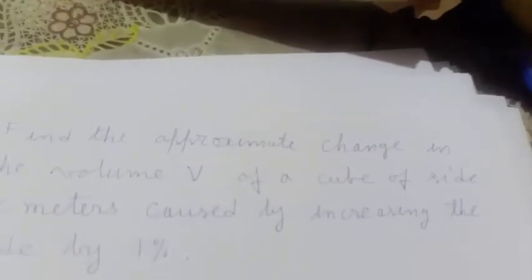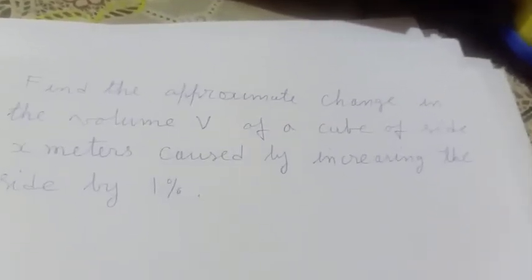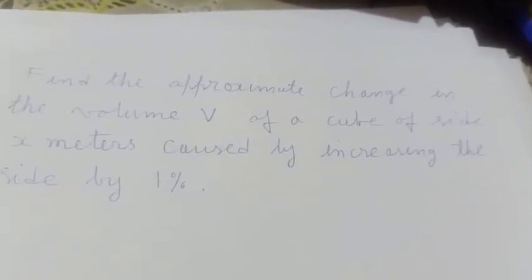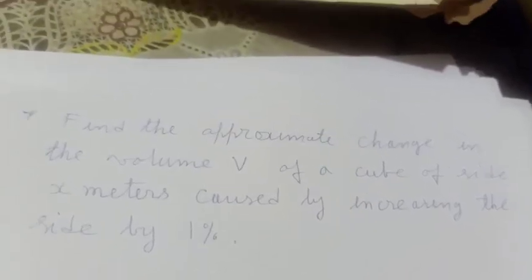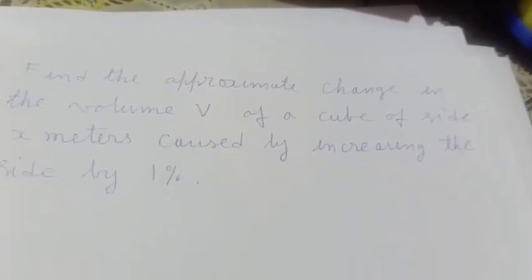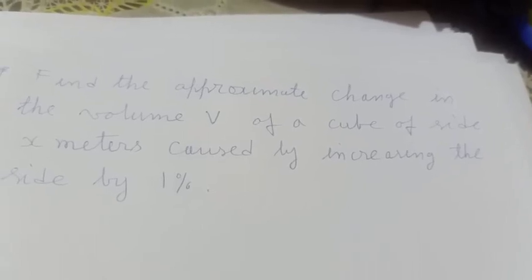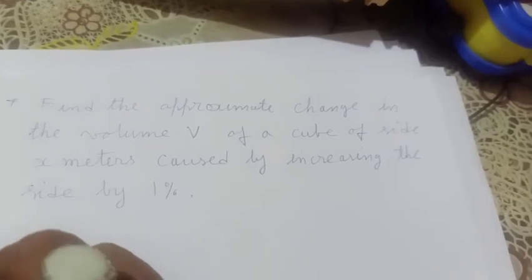Now the next question. This question is something different. Find the approximate change in the volume V of a cube of side x meter caused by increasing the side by 1%. Okay, let's see the solution.